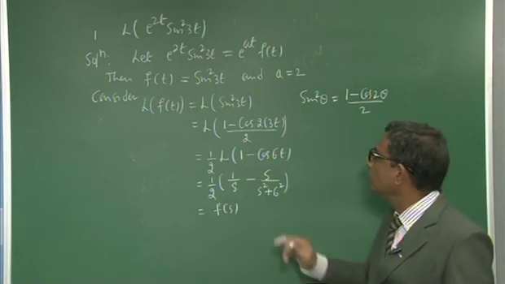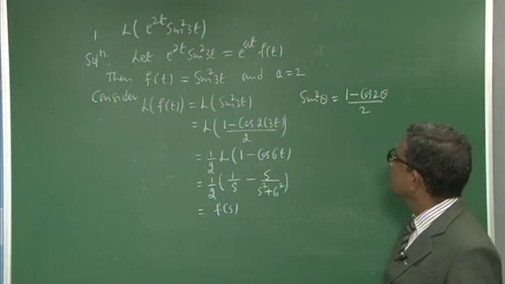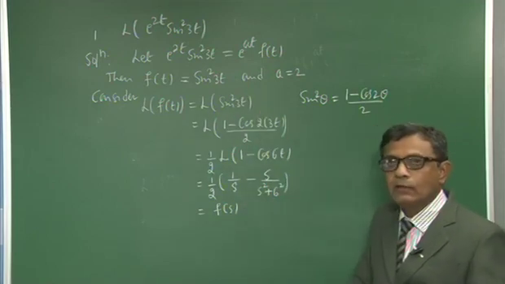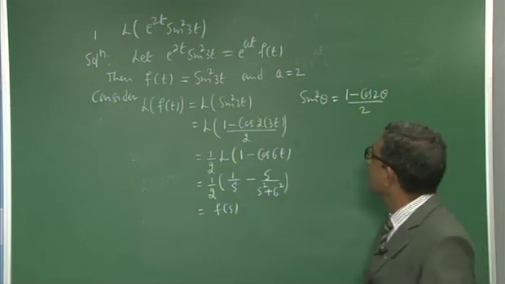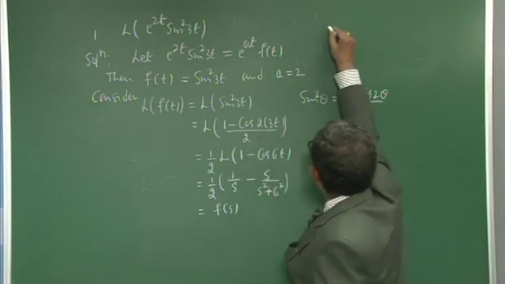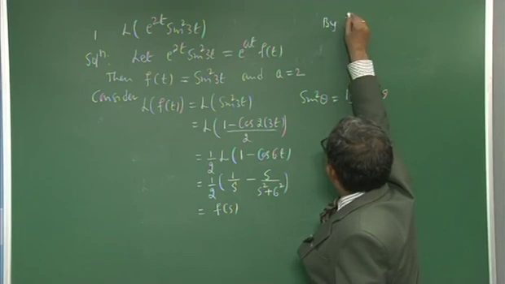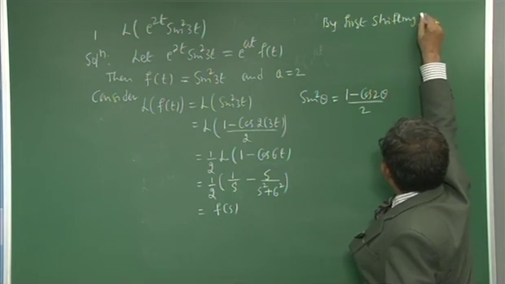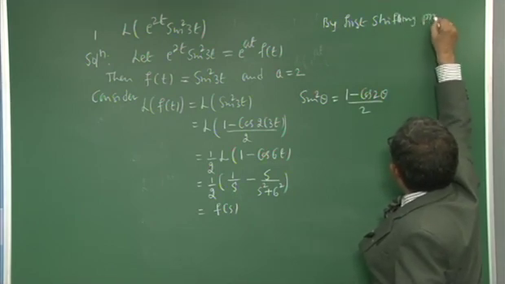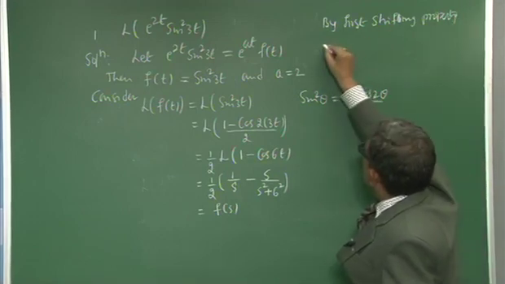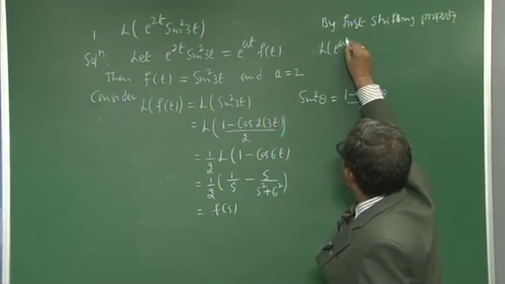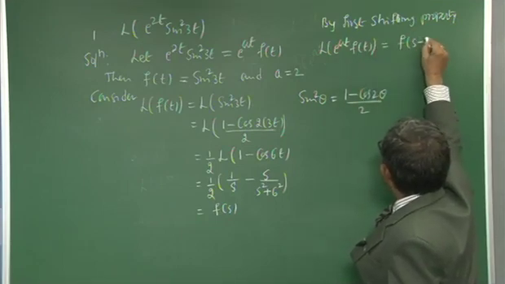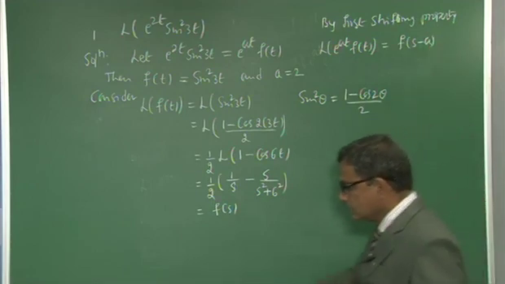Now you have to use the first shifting property. If you consider the first shifting property, L of e raised to at f of t is equal to f of s minus a.